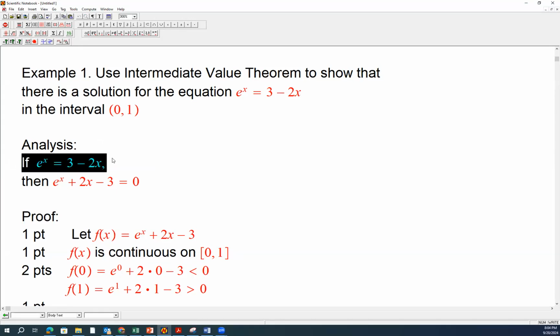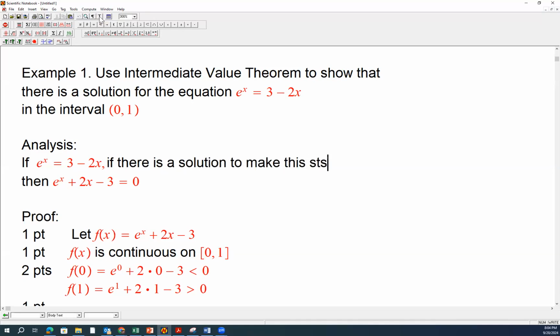So we say, if there is a solution to make this statement true, then if we add 2x and subtract 3 on both sides, we will have 0.